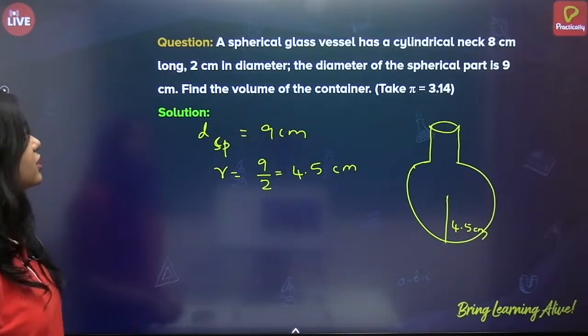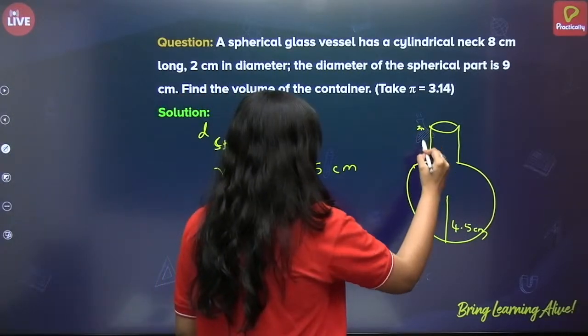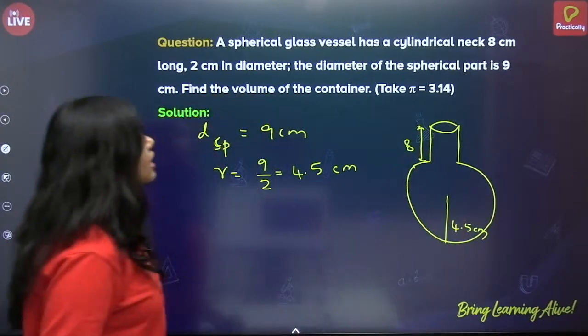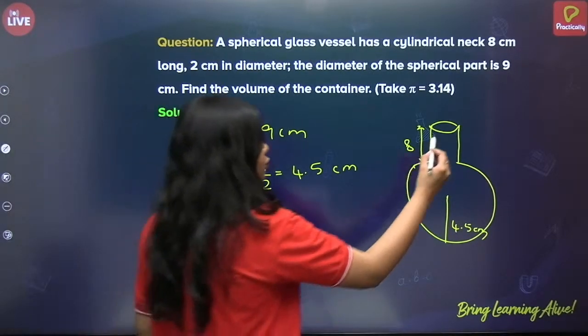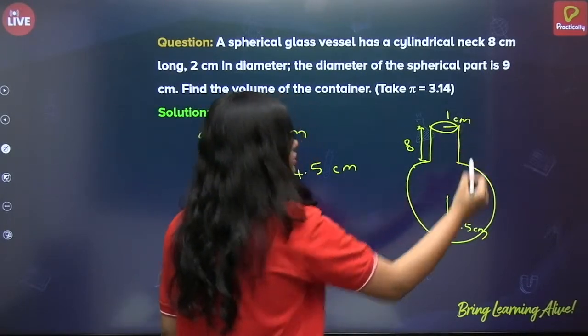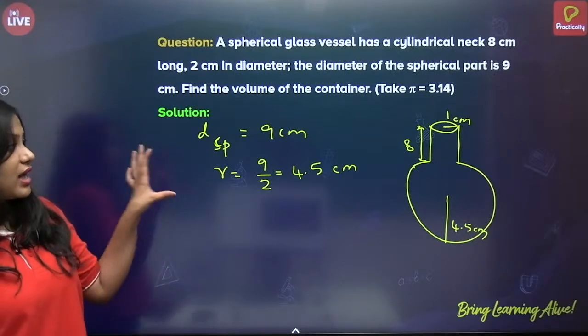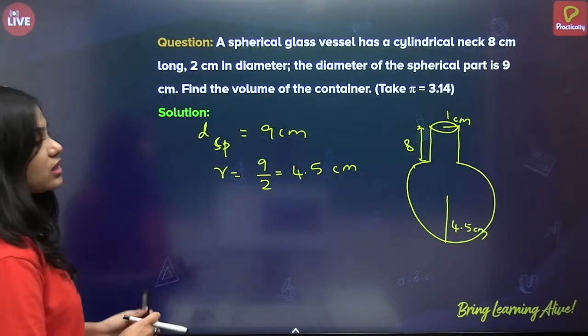Next, cylindrical neck is 8 centimeters long. That is, this is 8 centimeters. And what is the diameter? It's 2 centimeter. So if diameter is 2 centimeter, radius is 1 centimeter, right? So now we have all the values which we have decoded. So let us just find the volume.